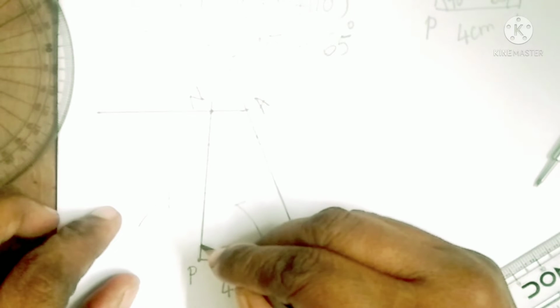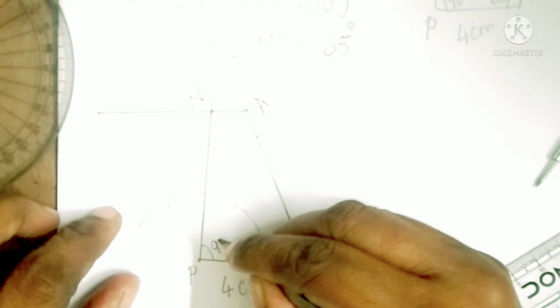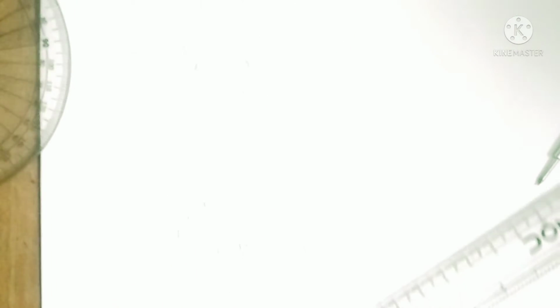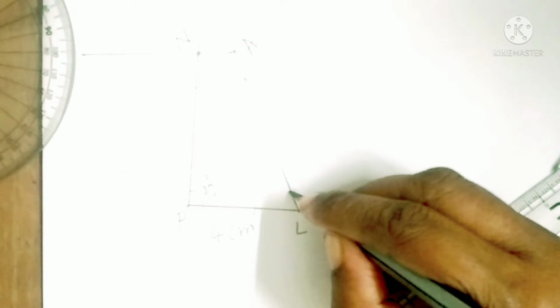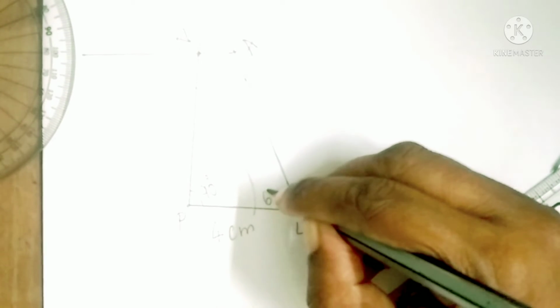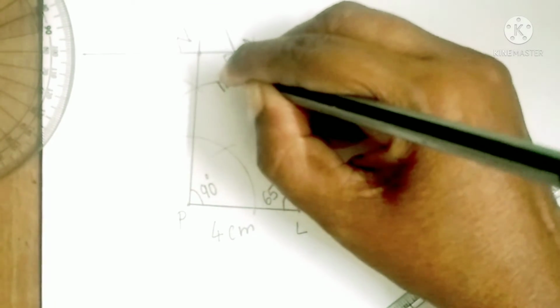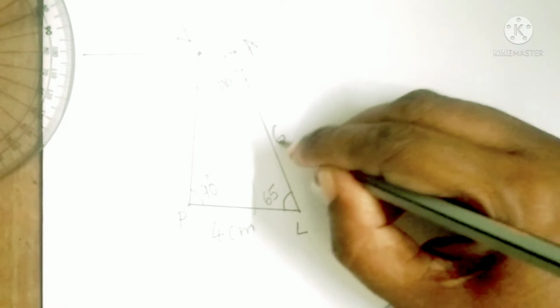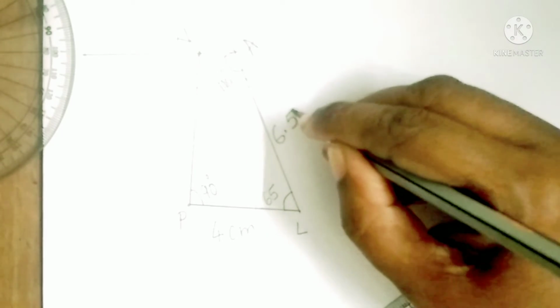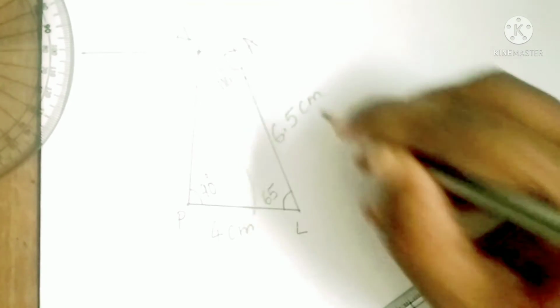So, here it is 90 degree, this one is 65 degree, and this angle is 110 degree. This line is 6.5 centimeter. So, your quadrilateral plan is ready.